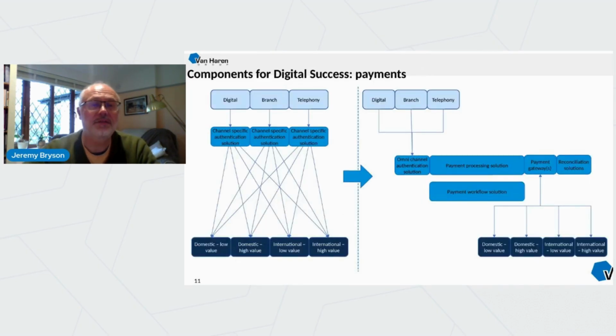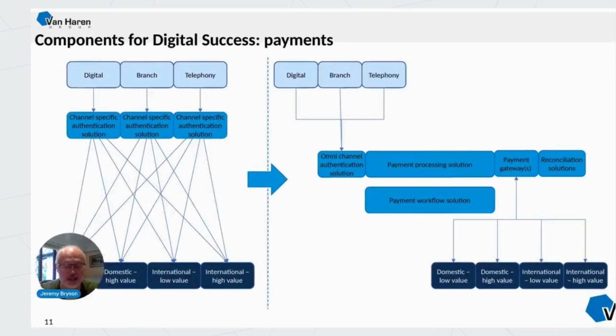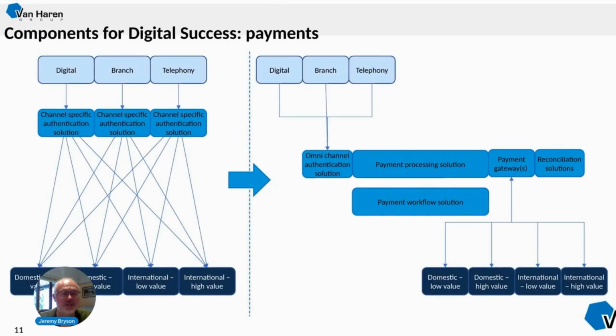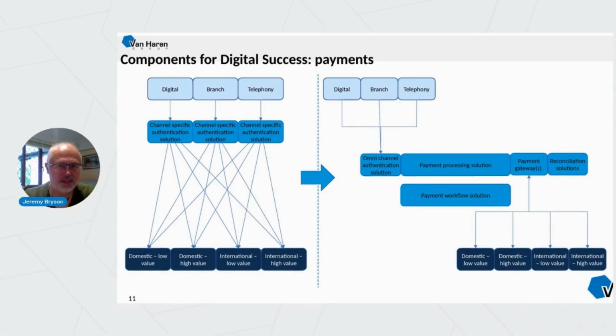And then payments. So I mentioned a moment ago how payments have to be really efficient. If you see on the left-hand side, what has typically grown up in an established bank is a rather, shall we say, pragmatic approach to payments, where you've got lots of different payment gateways for domestic payments, high-value payments, international payments, and they've grown up over time.